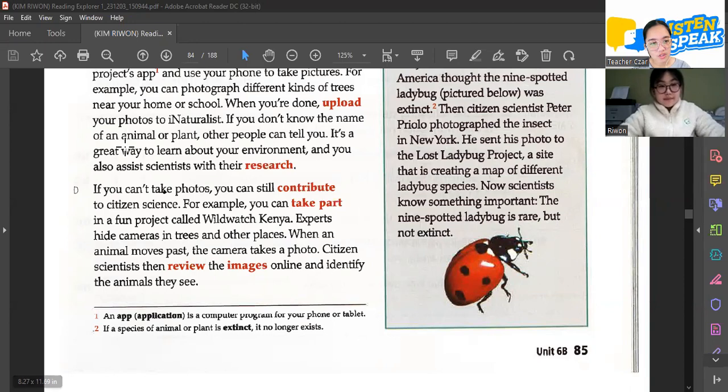Okay, so on the other hand, if you can't take photos, maybe because you don't have any phone, you can still contribute as a citizen scientist. Because, for example, you can take part in a fun project called Wild Watch Kenya. So it is not virtual, where you use internet or smartphone or computers.